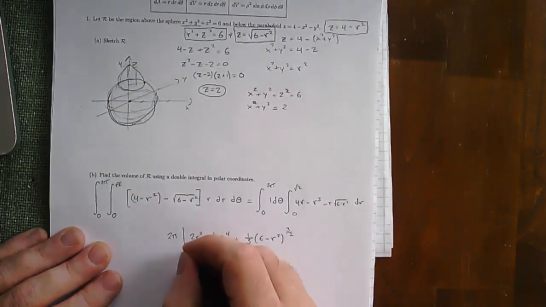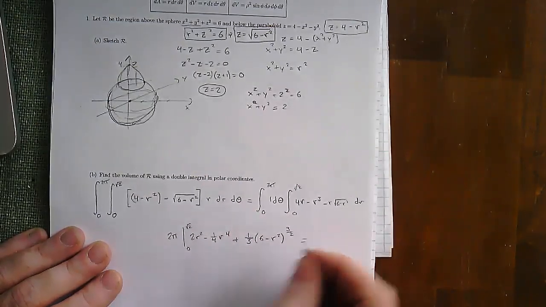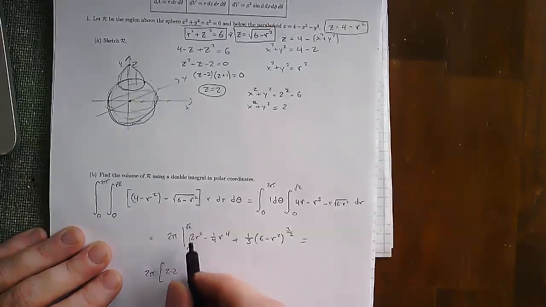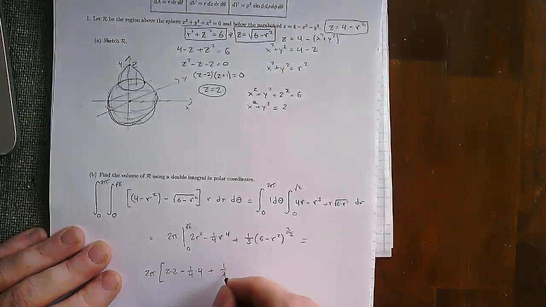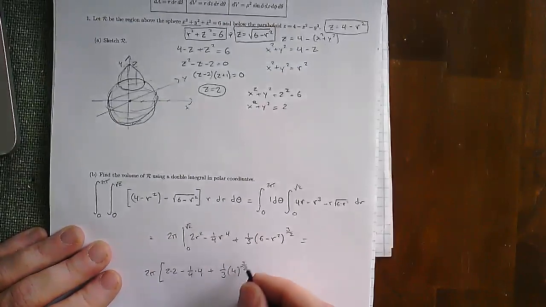All right, I want to evaluate that at 0 and square root of 2. So we have 2 pi times the following. If we plug in root 2, that would be 2 times 2 minus 1/4. Root 2 to the 4th would be 4. And then add 1/3, 6 minus r squared, so that would be 4 to the 3/2. 4 to the 3/2, that's the square root of 4 cubed, so we can just think of that as the number 8.